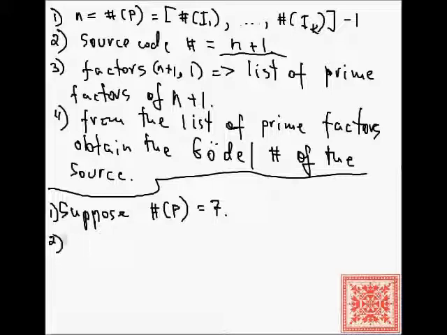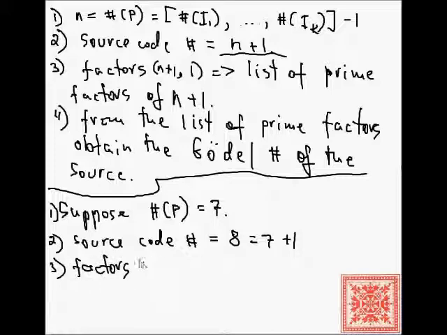So that means that the source code number is 7 plus 1, which is 8. But we still have to get to the individual instructions, so we have to factor it out. Factoring 8 gives us the list 2, 2, 2.